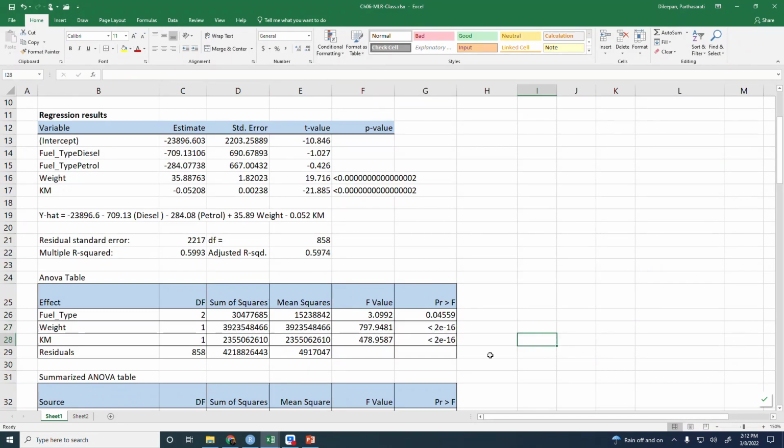All right, so now we have the effects. Now the t-tests are repeated here. Okay. So now we have the weight and kilometers. It's the same like that, except now instead of estimate and standard error, we have what is called sum of squares.